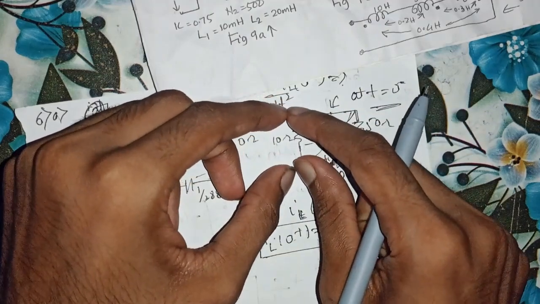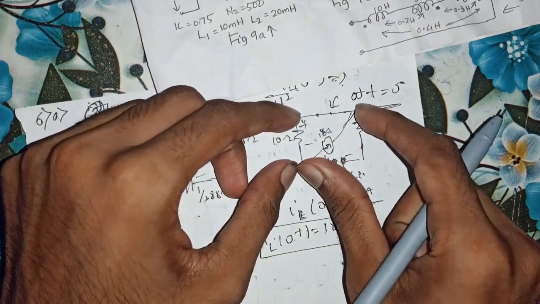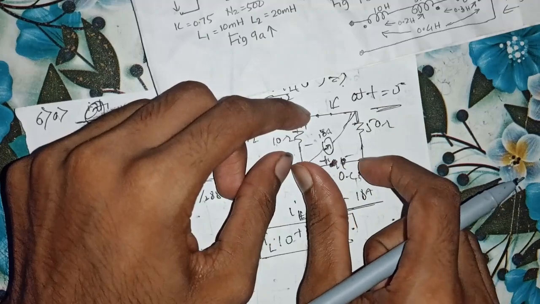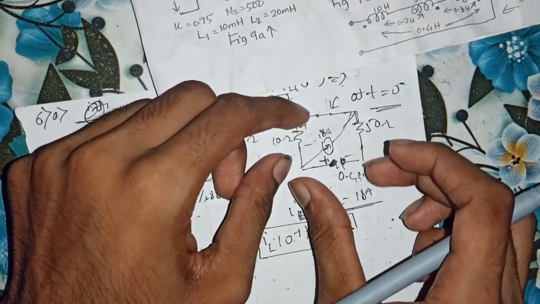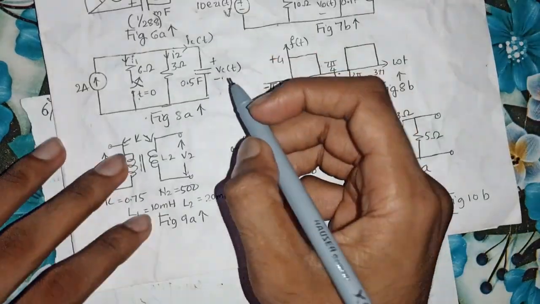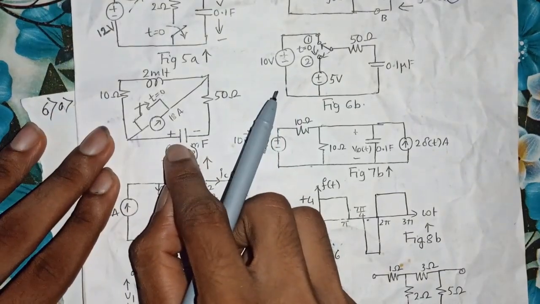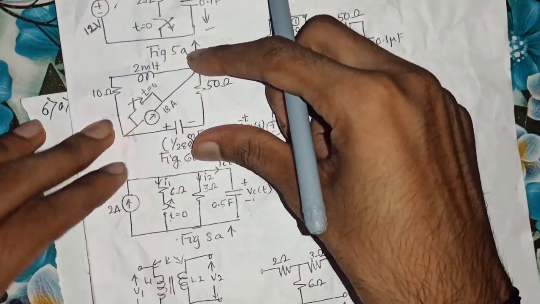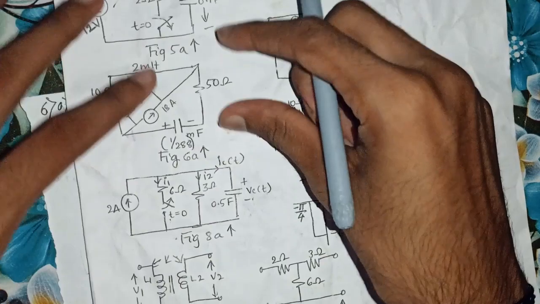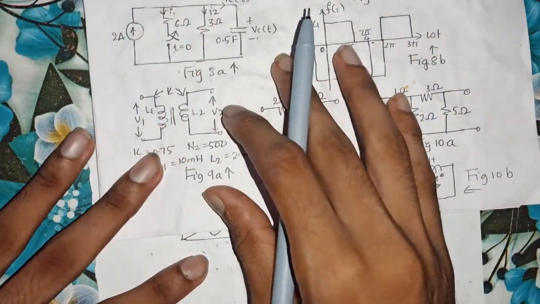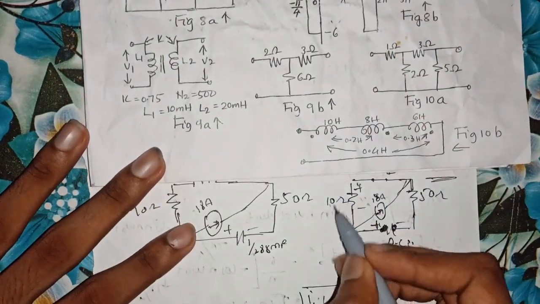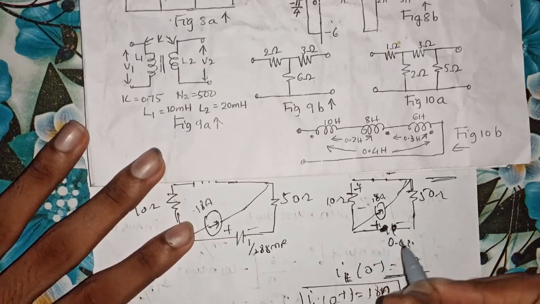We can see the 10 ohm resistance branch is parallel with the 18 ampere current source, and if you transpose this circuit, the 1 by 288 capacitance is also parallel with this branch. So all these are in parallel connection. Since all these are in parallel, the voltage across your 10 ohm resistance is the same voltage across your capacitance.